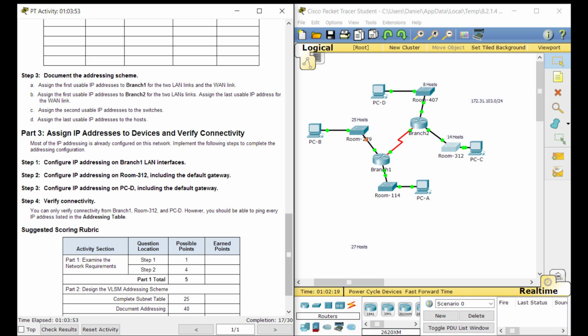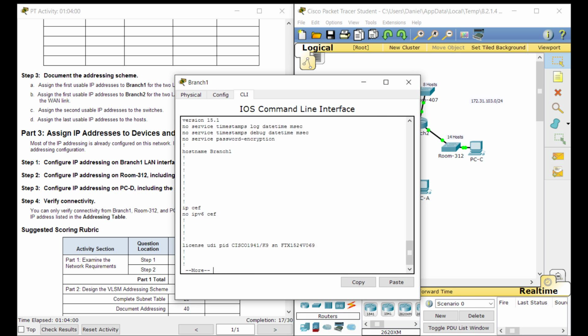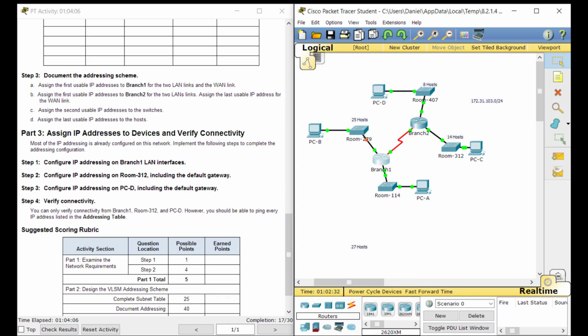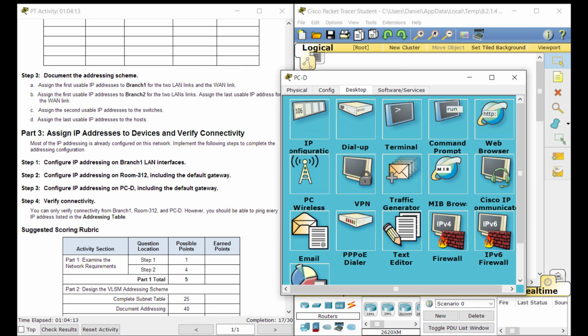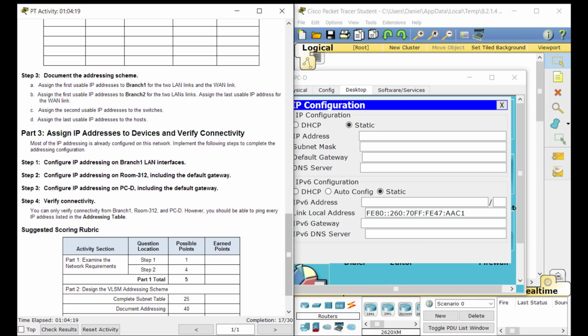Alright. And let's go ahead and make sure that everything is configured correctly. Yes. Okay, and finally going to PC D, we're going to go to IP configuration, and we're going to assign it the last usable IP address.